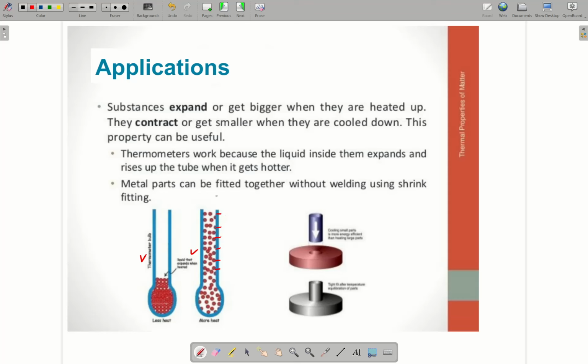So mainly calculating using the idea that delta V equals beta V initial delta T, they give us the temperature outside, right? I'm just going to make up some values here, in centigrade. So if this liquid expands this much, it's about 10 degrees centigrade and so on.